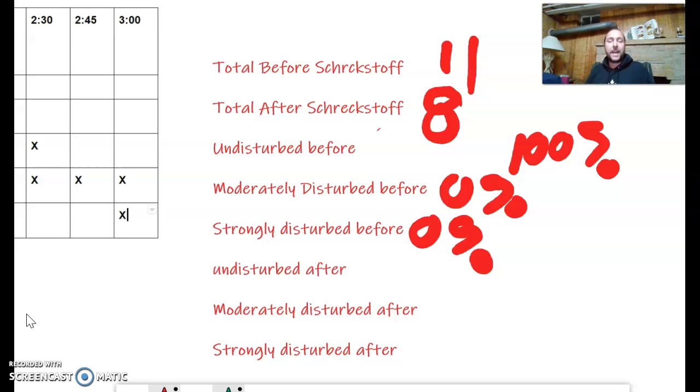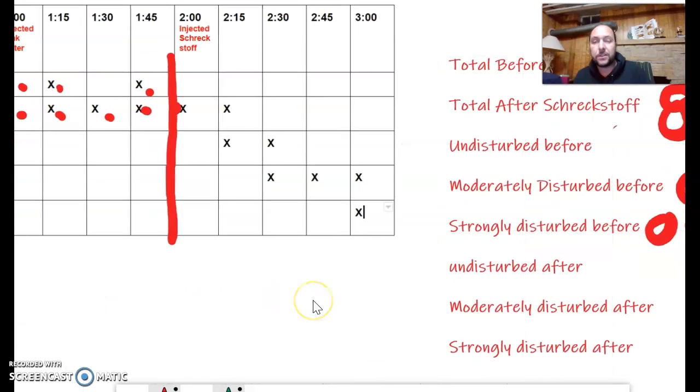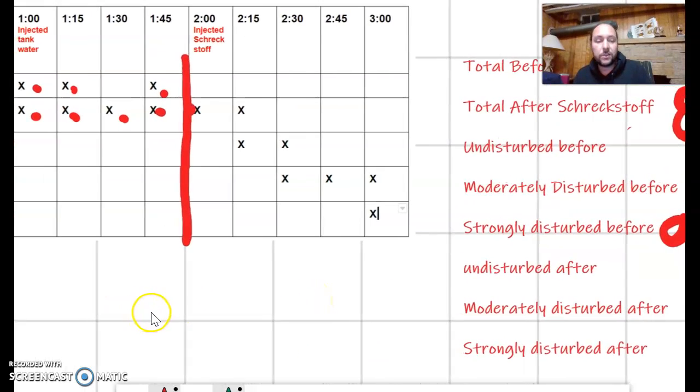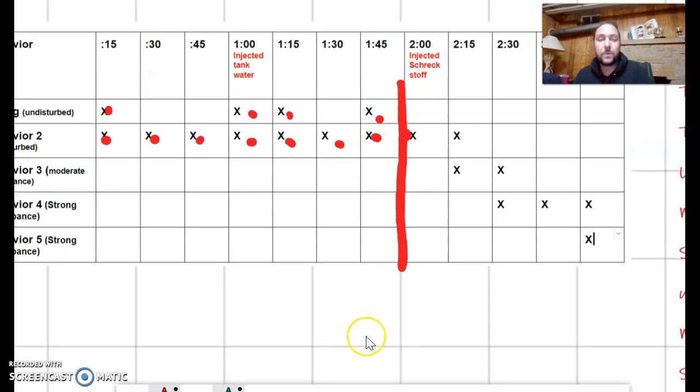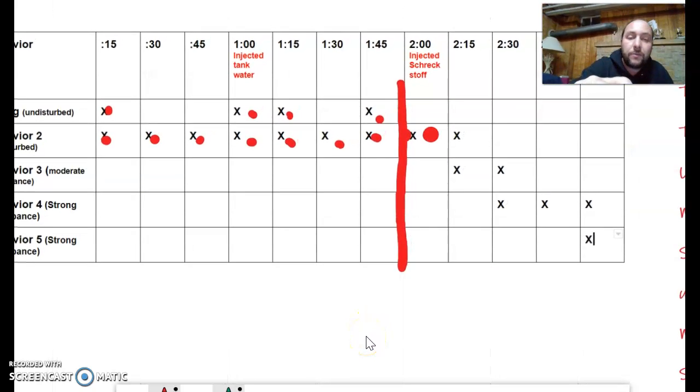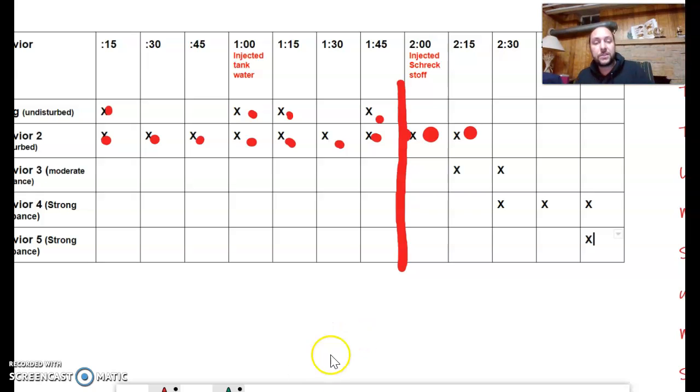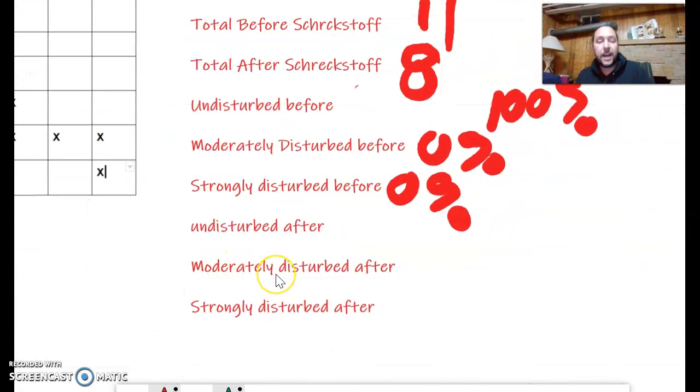Now it's the undisturbed after, moderately disturbed after, and strongly disturbed after that's going to be a little harder. So let's do undisturbed first. Well, the Schreckstoff was injected here, so we have 1, 2 times where we saw undisturbed behavior, all right, out of 8.